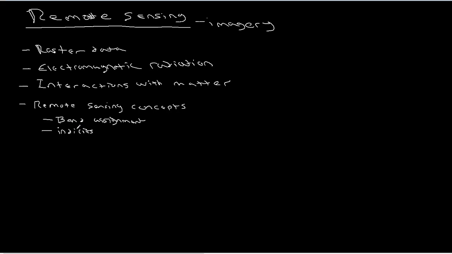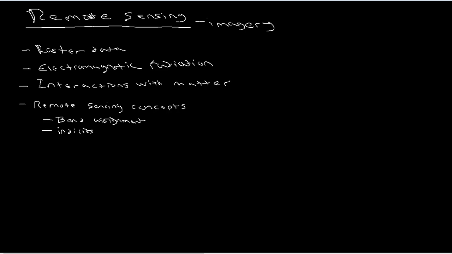And the indices is going to have to do with how we can use rudimentary mathematics to compare and contrast different portions of electromagnetic radiation that we're sensing to get data that isn't necessarily directly available in the radiation itself. And we're going to look at some examples of that.